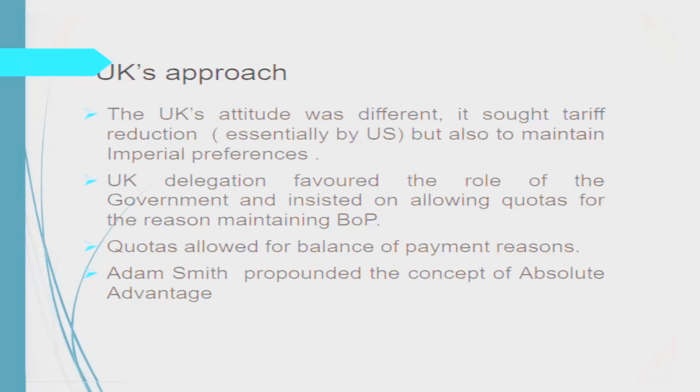It sought tariff reduction, but also to maintain imperial preferences. Now the term at that time used by UK was imperial preference, because mainly the colonies were accepting the role of the queen or the monarch of Britain. And the British people stated that these are the preferences being given to the colonies, and that should be maintained in the form of imperial preference.